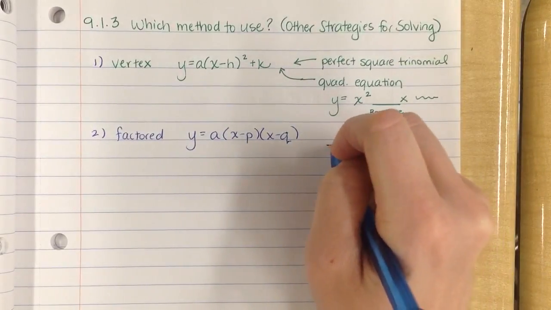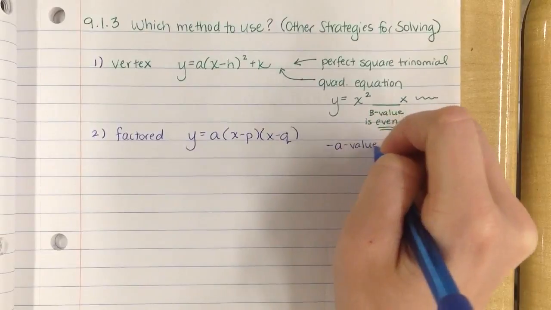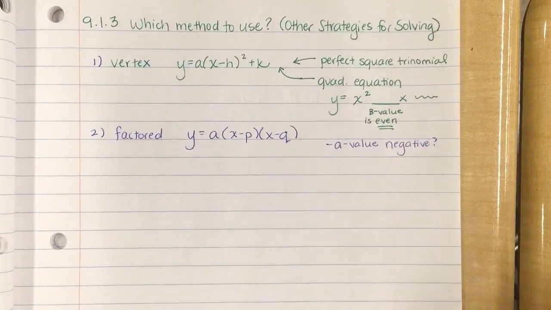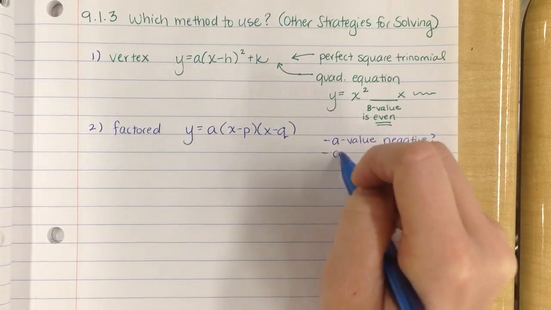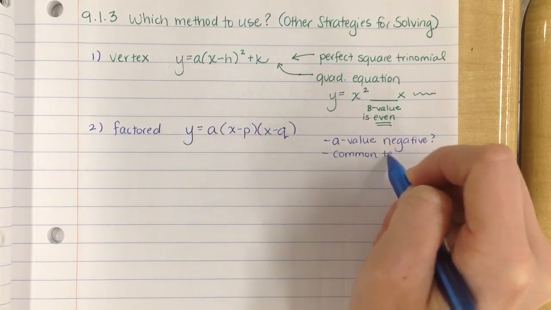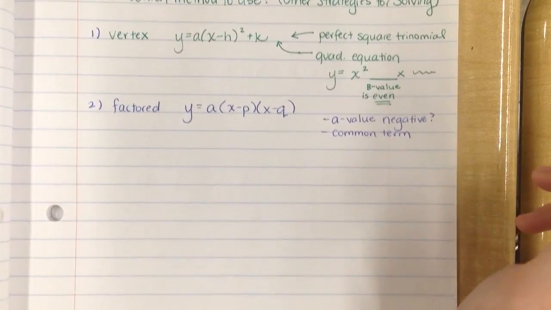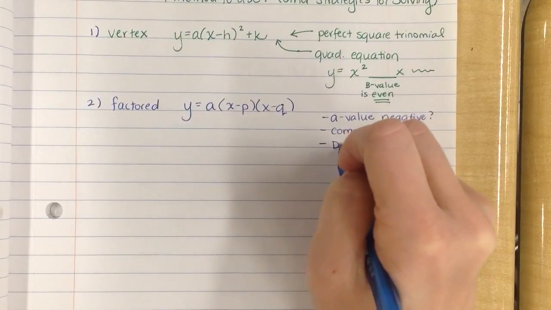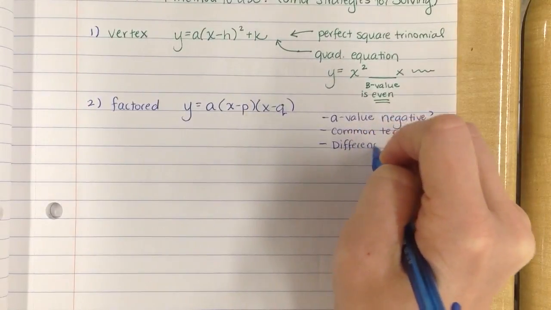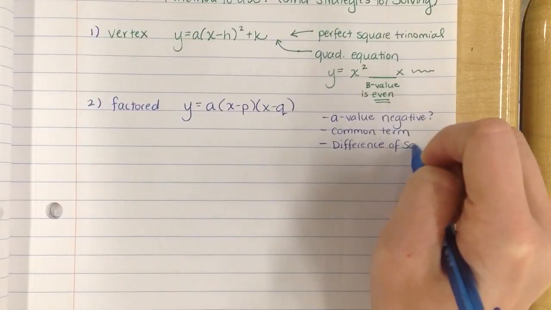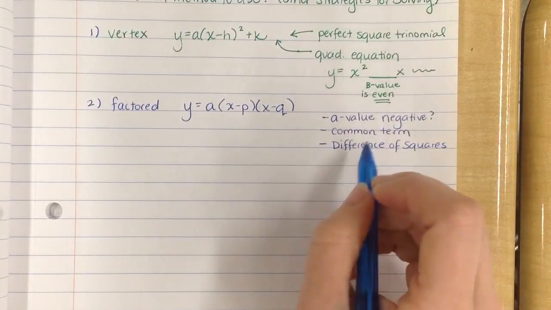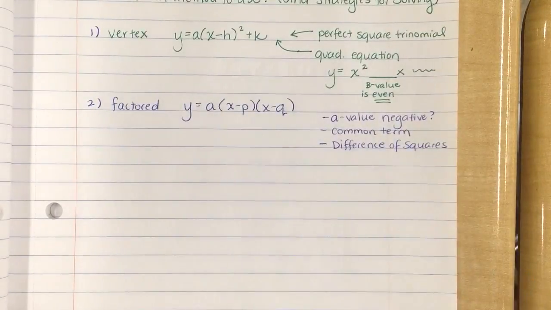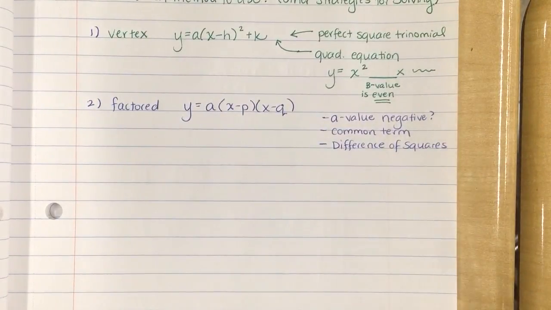We would always check for our a value to be negative as our very first step. We would check and make sure that there is no common term that can be factored out from the whole standard form equation. We would also check and make sure that it's not what's called difference of squares, one of those special cases we've been talking about so much. Difference of squares will always be written in factored form when we do the actual difference of squares factoring.